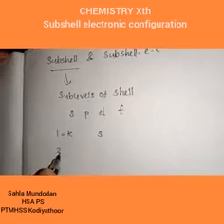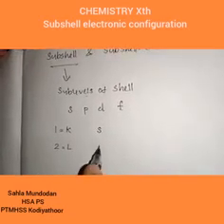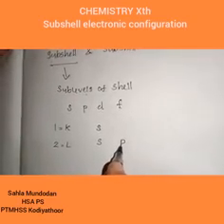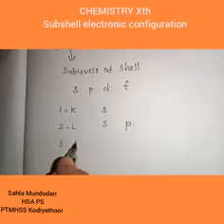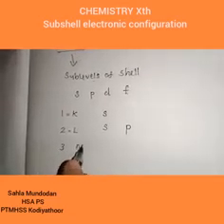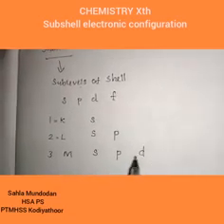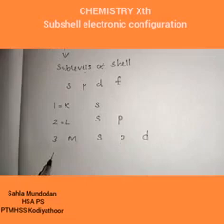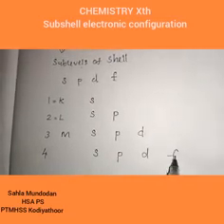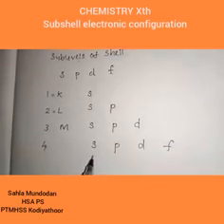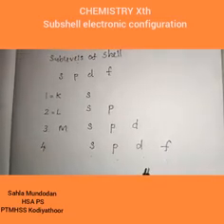But in the second shell, that is the L shell, the number of subshells is 2, that is S and P. In the third shell, it is M, the subshells are S, P, D. Then in the fourth shell, the subshells are S, P, D, F. Above the fourth shell, the maximum subshells are still S, P, D, F.